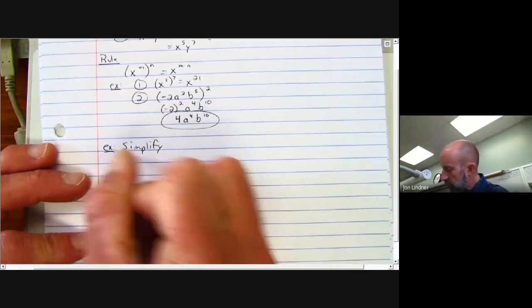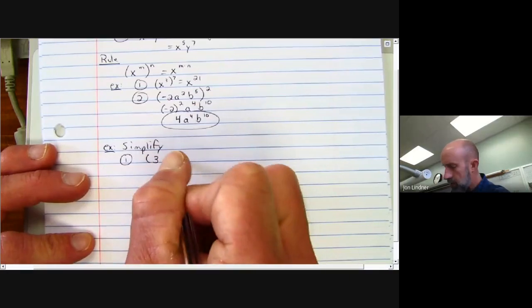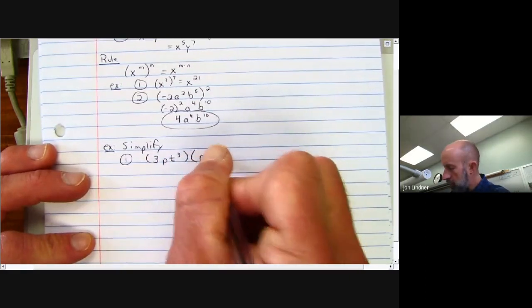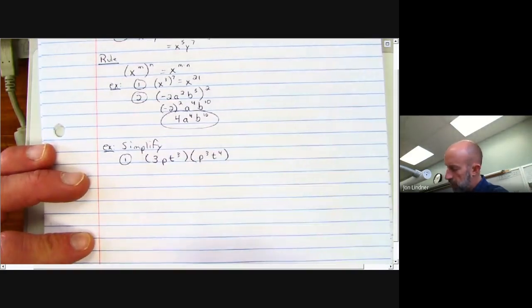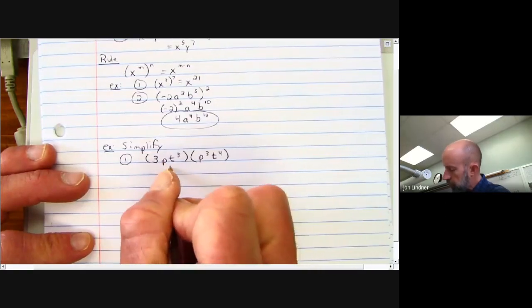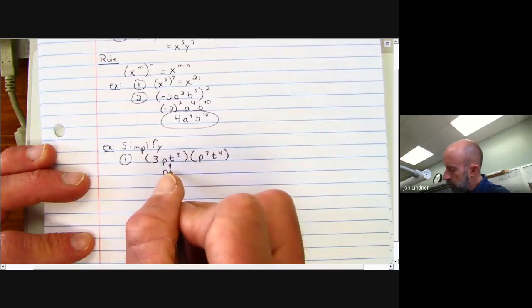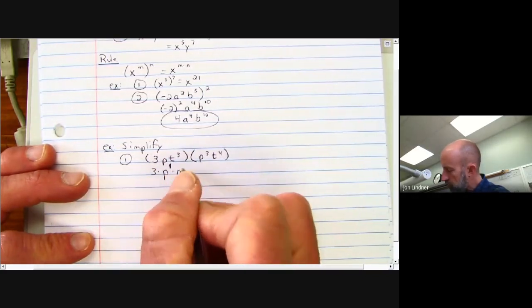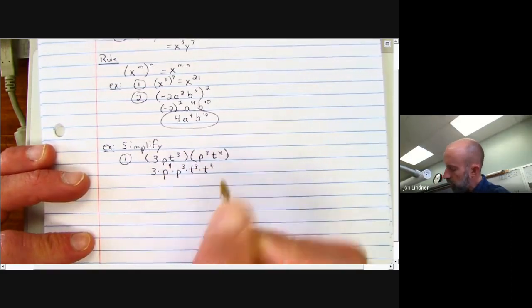So on this first example, if I have 3p t to the third times p to the third t to the fourth, and they're both in parentheses, that's not a big deal. This p is p to the first. Well, you also need to know that I can multiply in any order. So I can make this 3 times p to the first times p to the third times t to the third times t to the fourth.